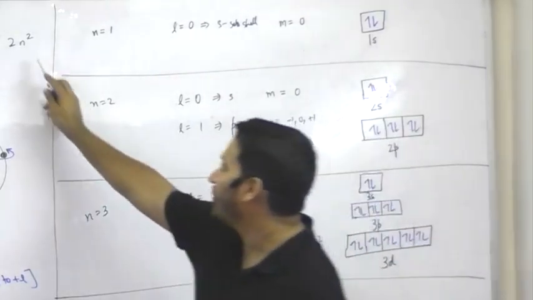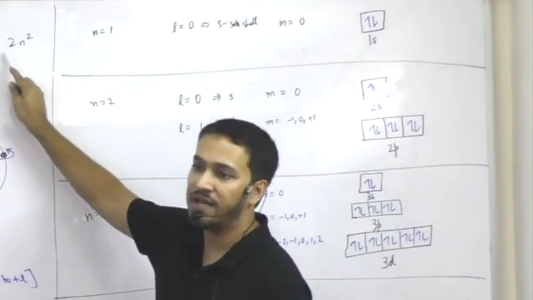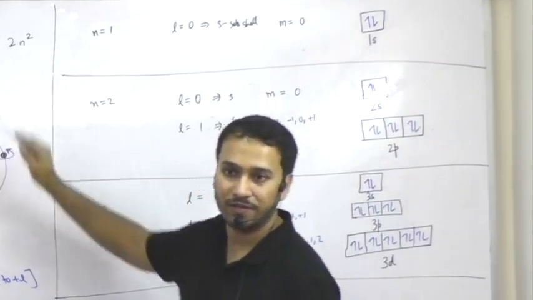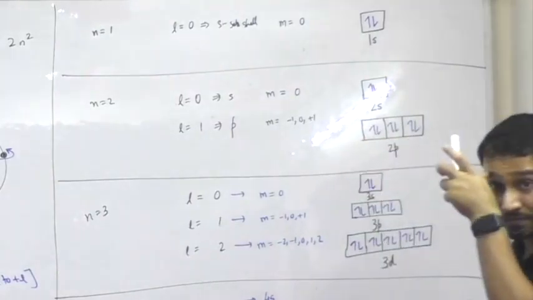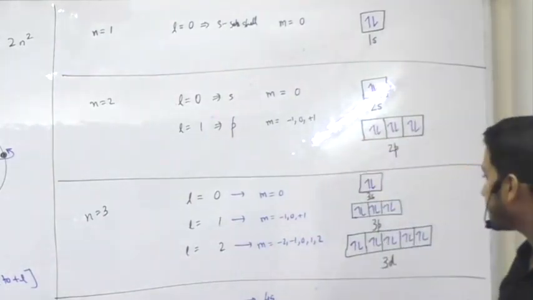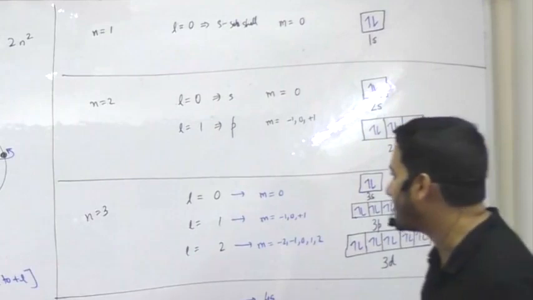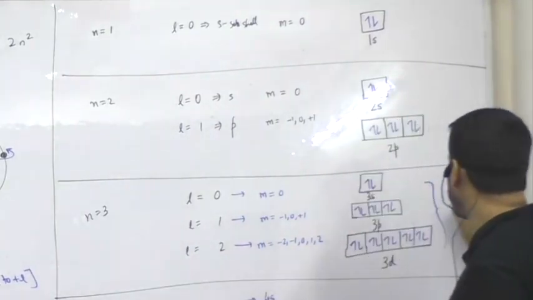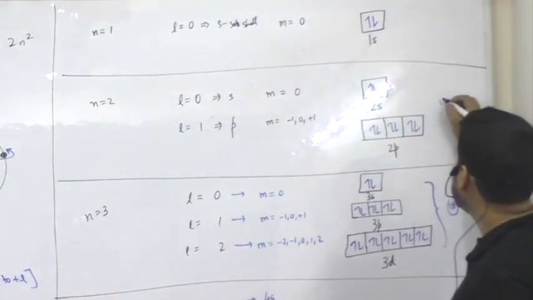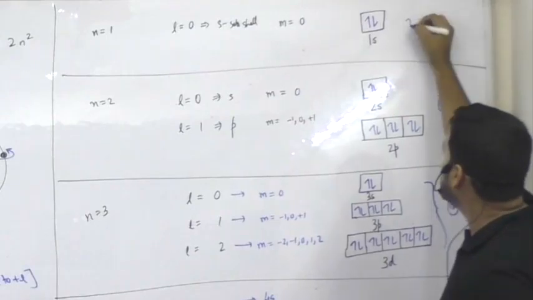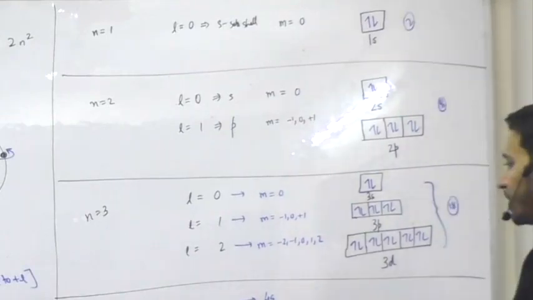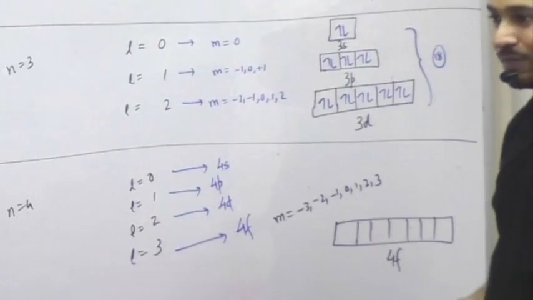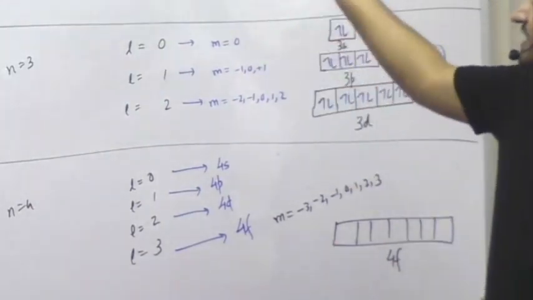If I put n equal to 3, this is 3 square, 9 into 2, 18. So the third orbit can hold a maximum of 18 electrons. How much can the fourth orbit hold? 32. Right? n square, 4 square, 16 into 2, 32.